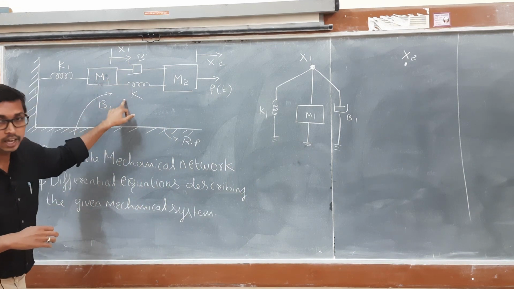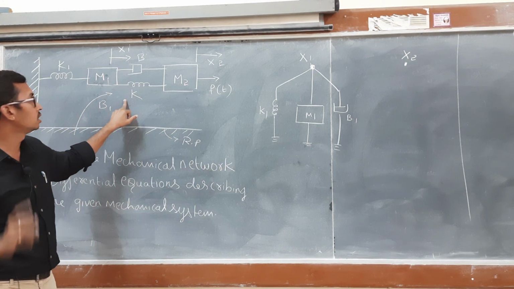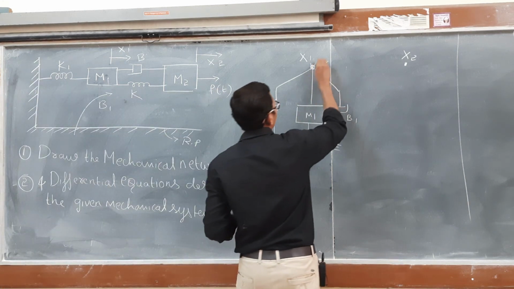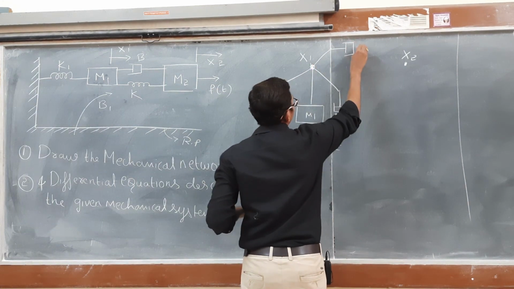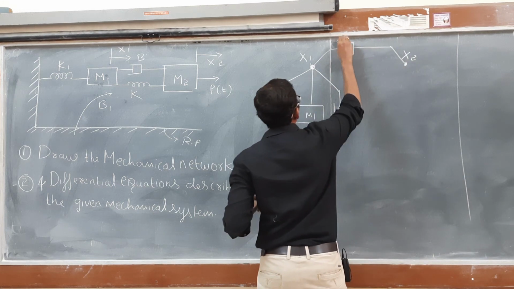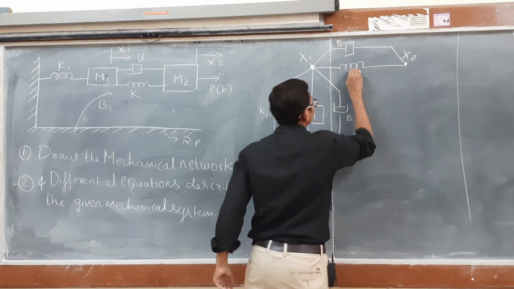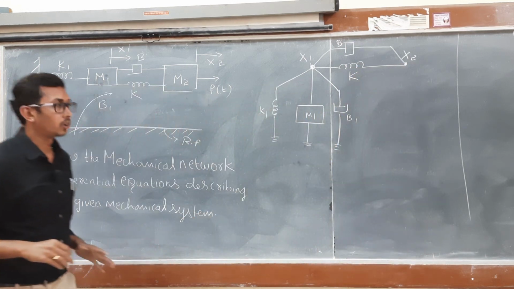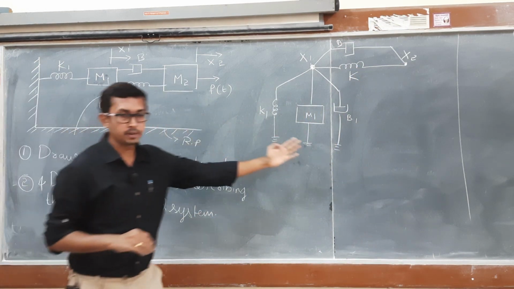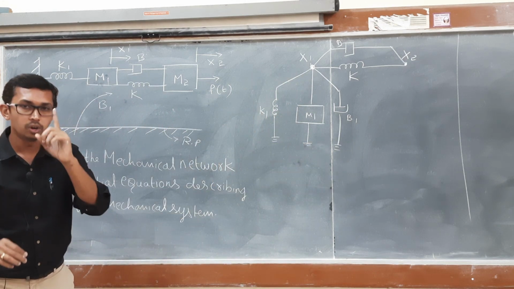This B and K is between node 1 and node 2, so I am going to represent it like this. This is B, and this one is K. So these are the 5 elements which are connected to node 1.